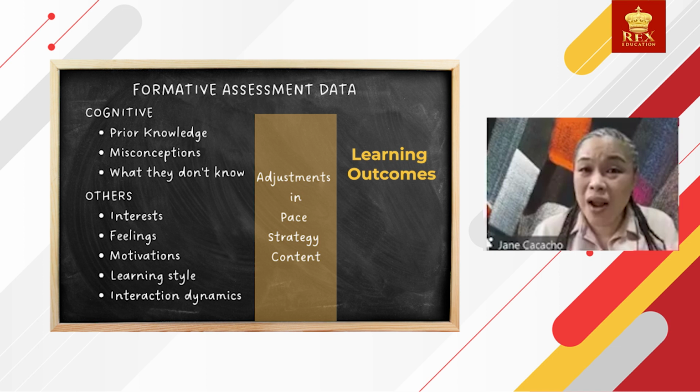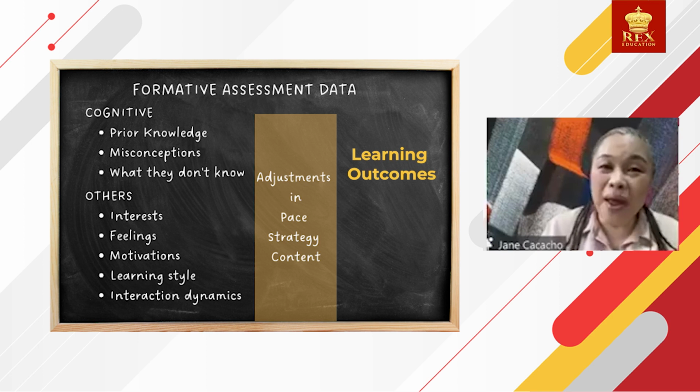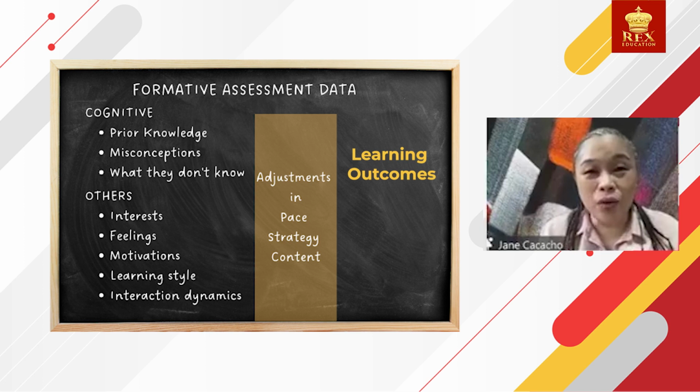And so I will have to do some changes in content and maybe simplify some of those so that they will understand the lesson better. Why am I doing all this? So that ultimately, with those adjustments, I will be able to bring my students to get to the learning outcomes that I have set out for them.